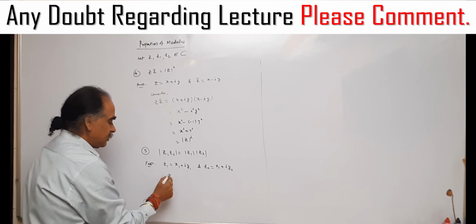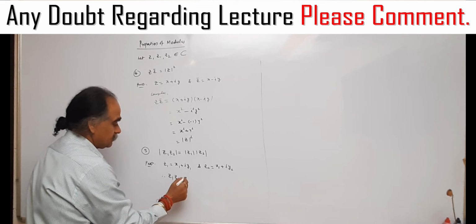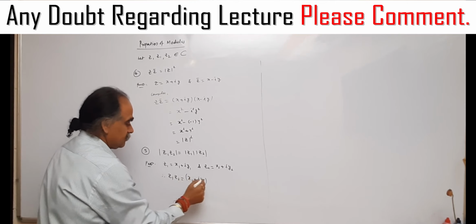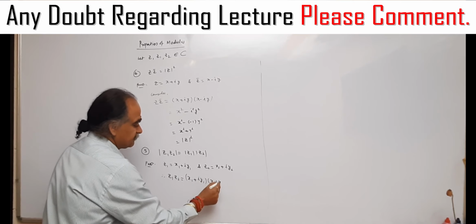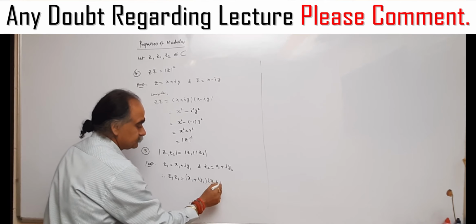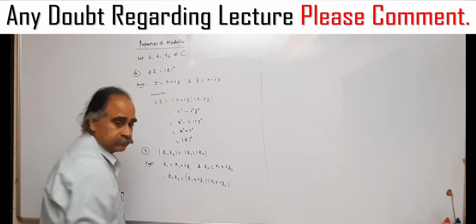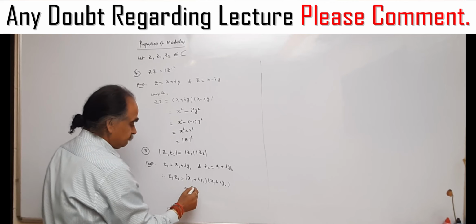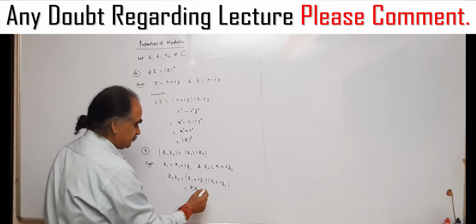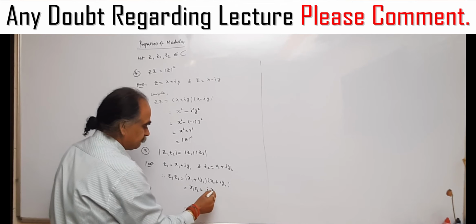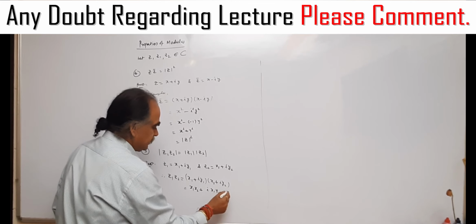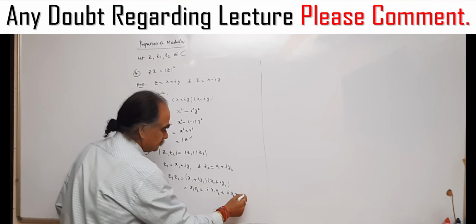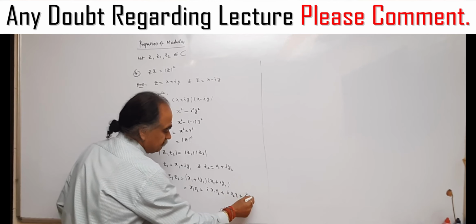Therefore, z1 z2 is what? x1 plus iy1 into x2 plus iy2 will give you x1 x2 plus i into x1 y2 plus i into x2 y1 plus i square y1 y2.